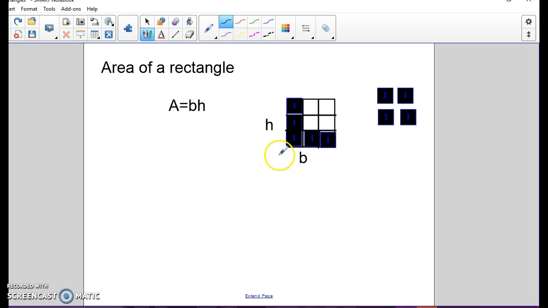And so we would say that it would be base 3, and we would multiply it by the height h, and that would be 3. So the total would be 9. So our area for this shape would be 9 because we multiply them.